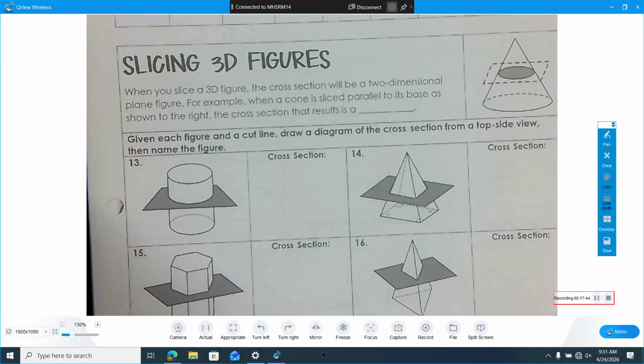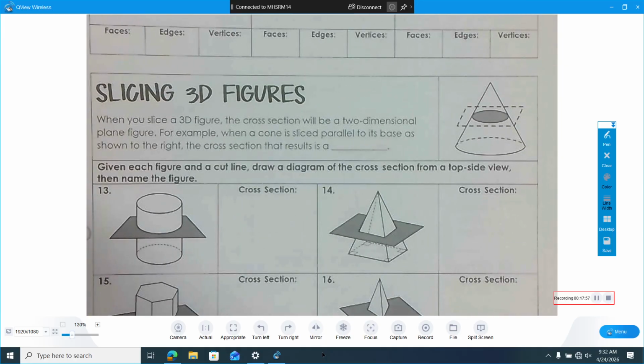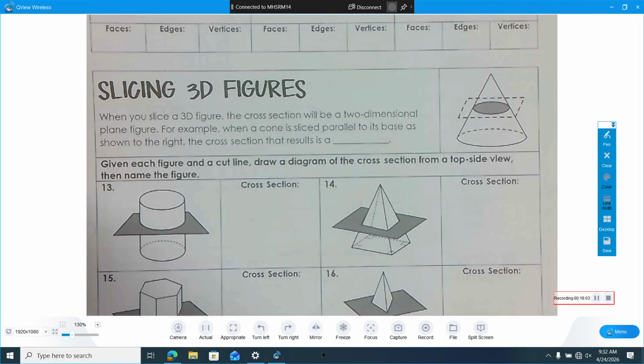All right. So we also want to be able to recognize what happens when we slice a 3-dimensional figure. These are called cross sections. So how many of you help out in the kitchen, do some chopping? All right.